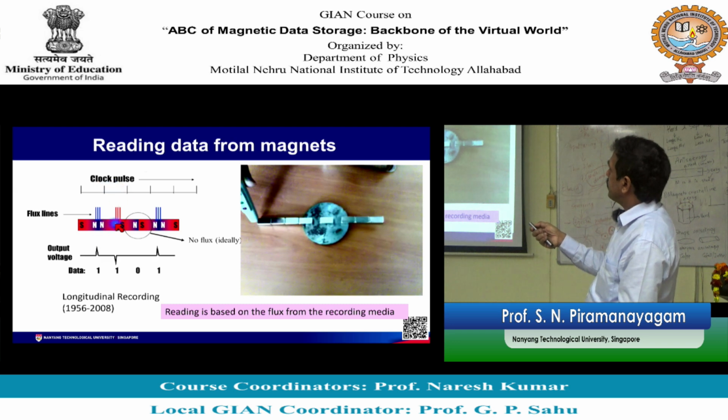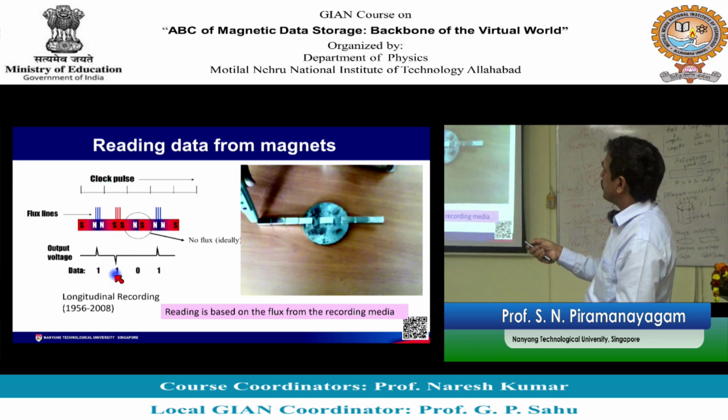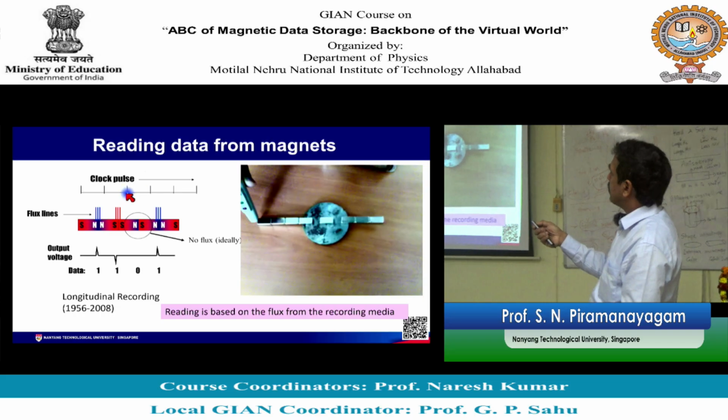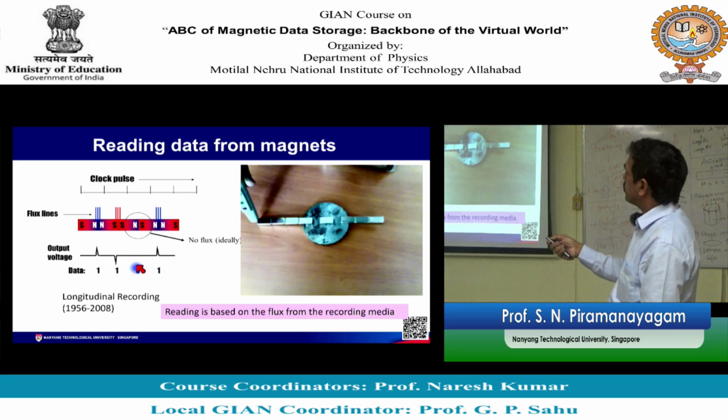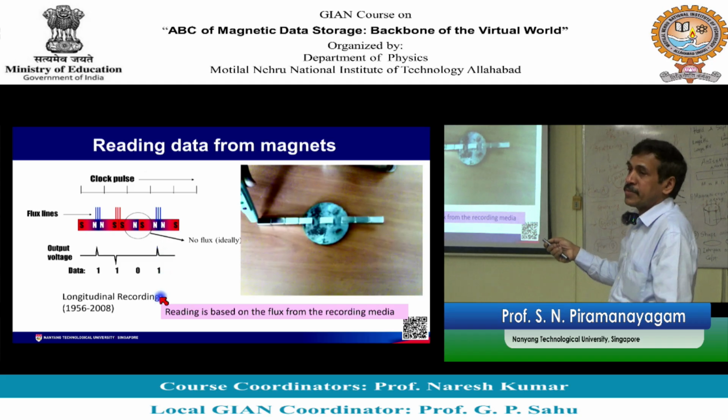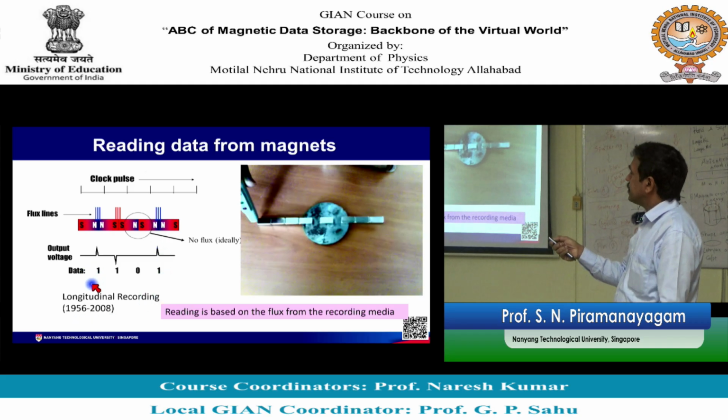The next window, again there is output voltage, we call it 1. During the third window there is no signal, so we call it 0. During the fourth window, again there is a signal, we call it 1. So this is how we read information: 1, 1, 0, 1.